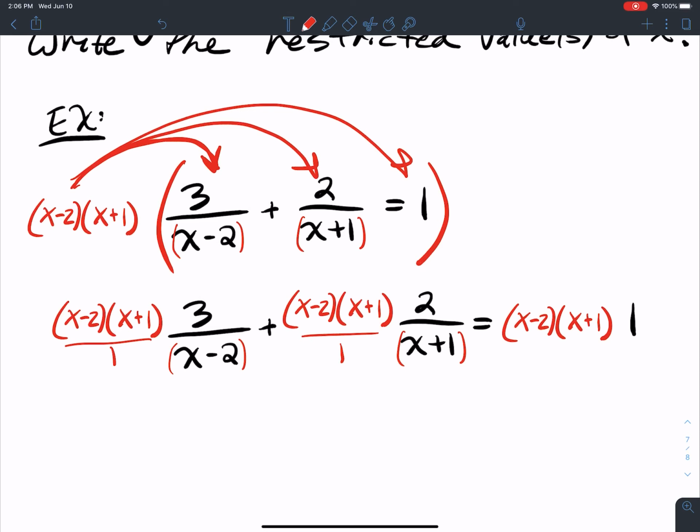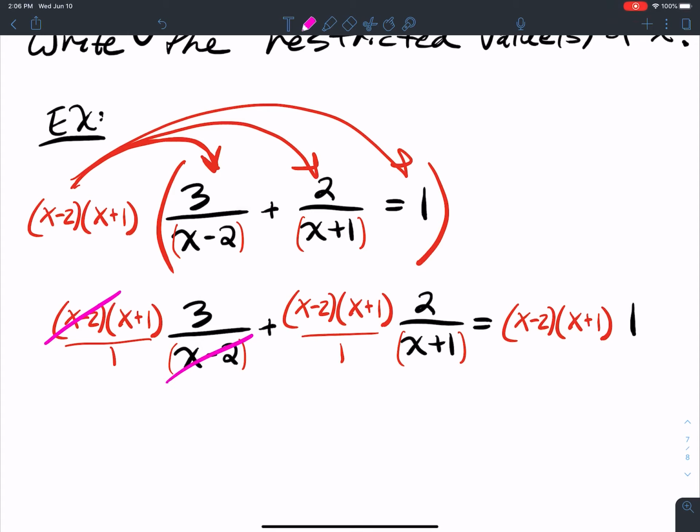Now what happens? We've got some canceling going on here. So x minus 2 and x minus 2 cancel, and then over here we have an x plus 1 and x plus 1 that cancel.